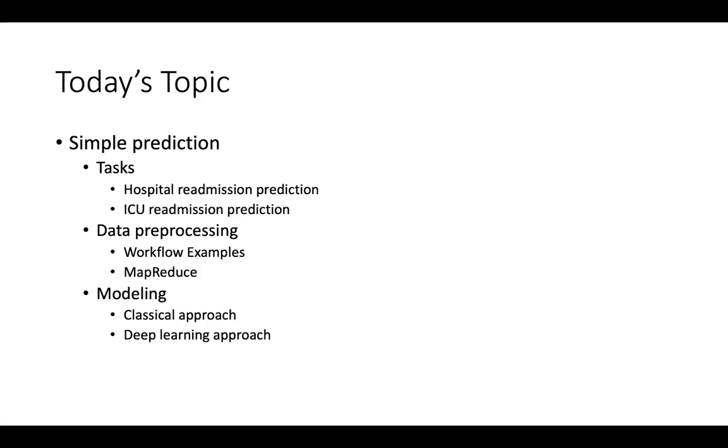But there is no central universal data set for mortality prediction, or one data set used by everyone for readmission prediction. So most likely you'll have to do it on your own.